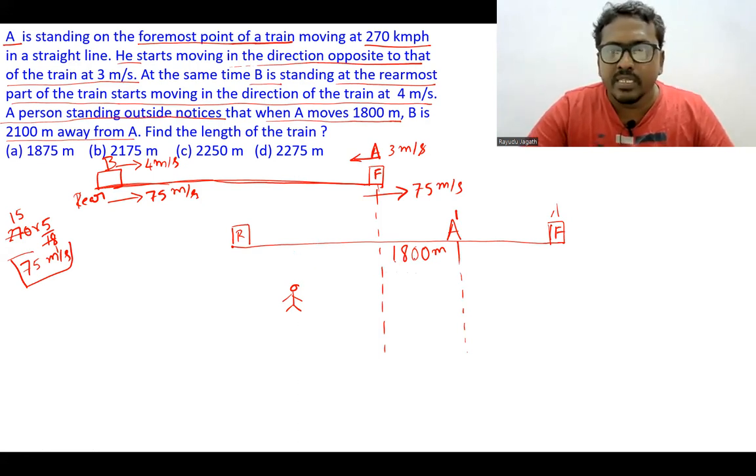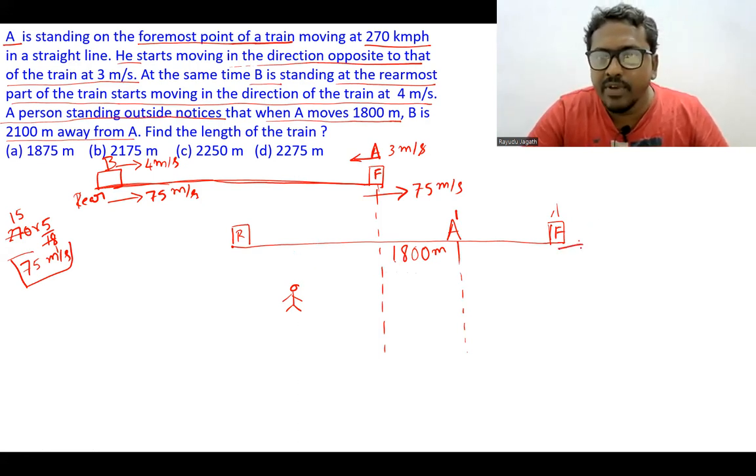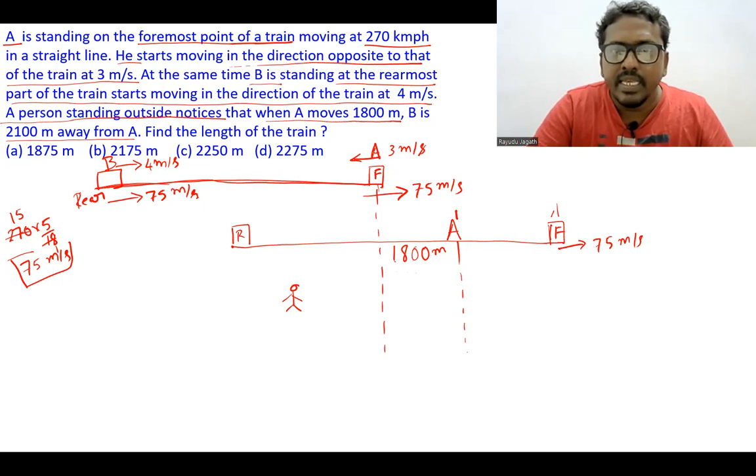So 1800 meters. But the engine speed is 75 meters per second, throughout. And A dash, A is moving like this. So this F point moves from here to here. The distance is 75 meters per second into time. And at the same time, A has moved at 3 meters per second from this point to A dash.